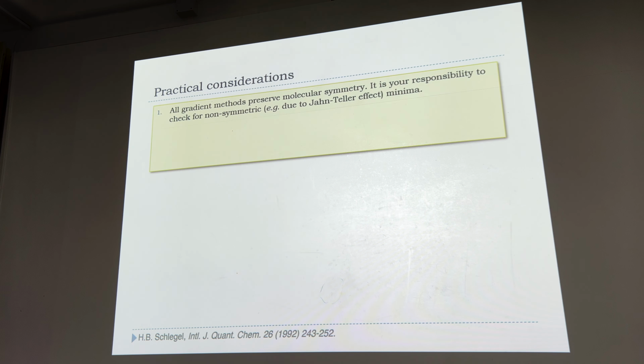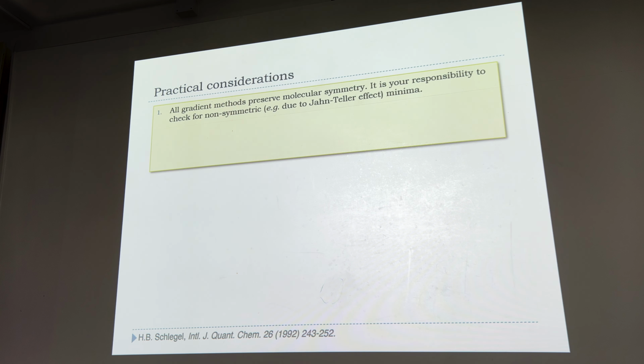So, practical considerations for optimizations as well, various pitfalls into which one can fall. Of course, molecular symmetry. If you started in a symmetric molecule, energy is invariant with respect to that symmetry, and therefore so is its gradient. So the gradient conserves molecular symmetry. Any step down the gradient will likewise conserve that symmetry.